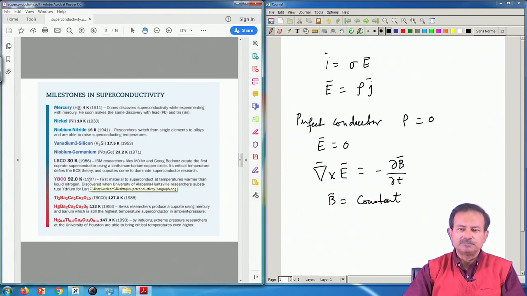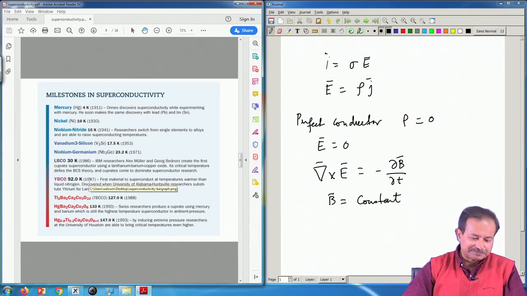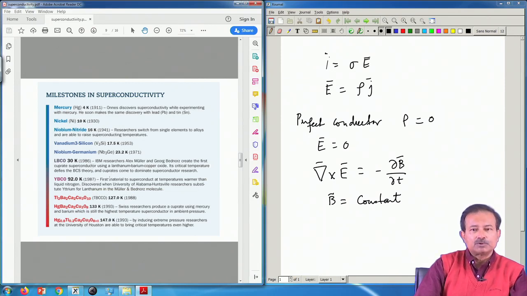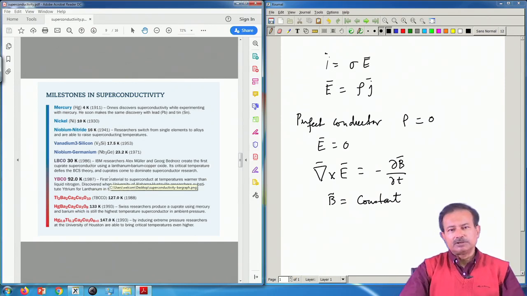That was the first high temperature superconductor discovered, and they got their Nobel Prize within a year of their discovery. And then within a very short time, just a year later, came a superconductor called YBCO, that first broke the barrier of liquid nitrogen temperature.